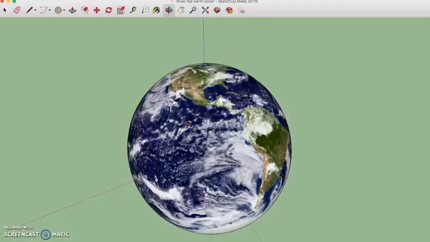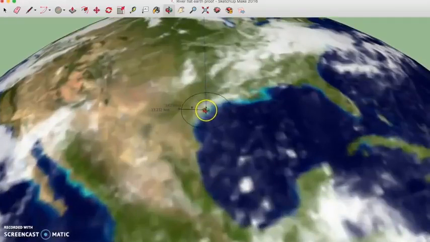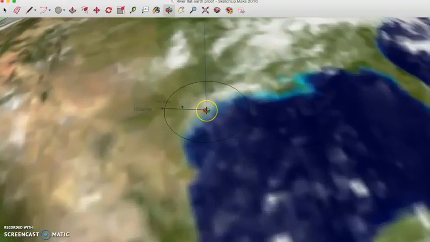So what I've done is just switched miles to feet. And so this is relatively where the Colorado River is entering the Gulf Coast right here. I drew this circle right here, 143 feet, which with the scaling is 143 miles. This works out pretty accurately.